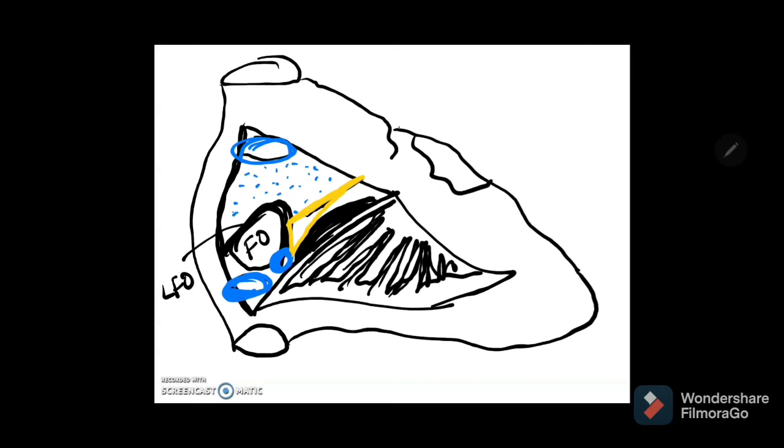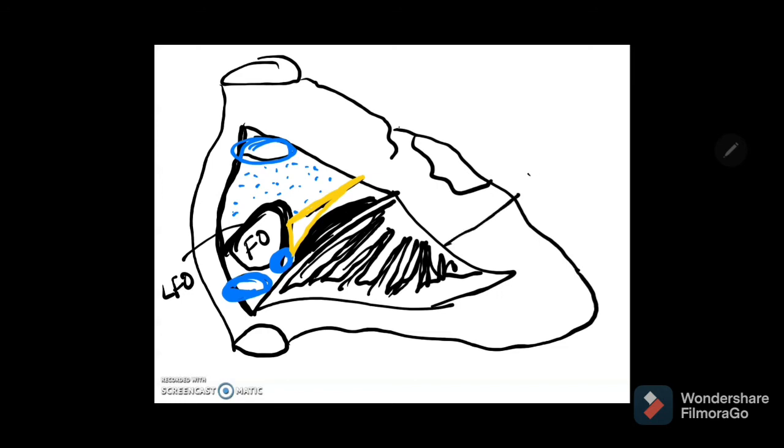Fossa ovalis is derived from the septum primum, limbus fossa ovalis from the septum secundum, during the formation of the interatrial septum.